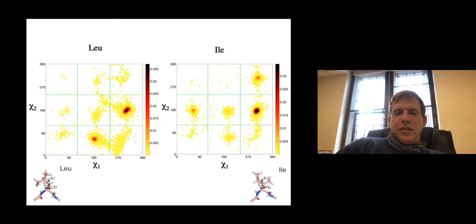And so the idea is, is there a hard sphere plus stereochemical constraint model, basically a Ramachandran type model, that can predict these side chain dihedral angle distributions.